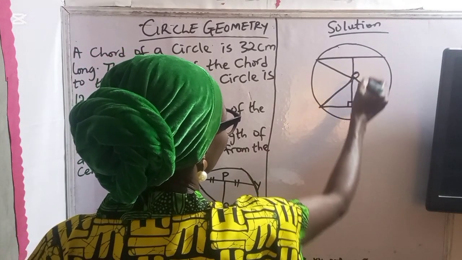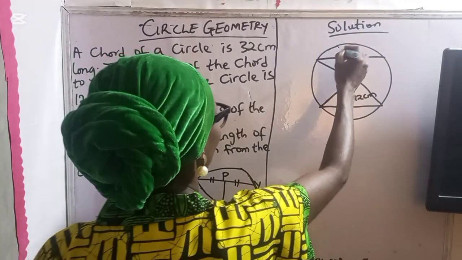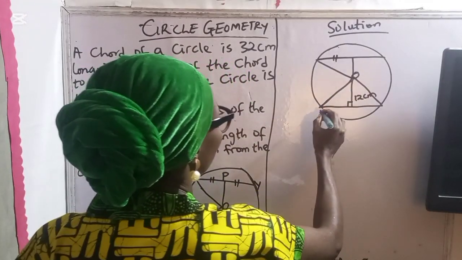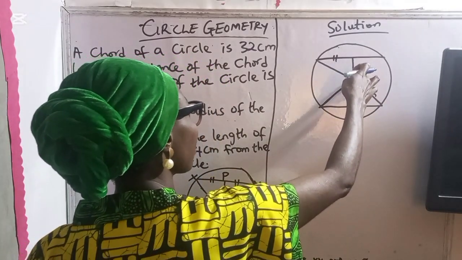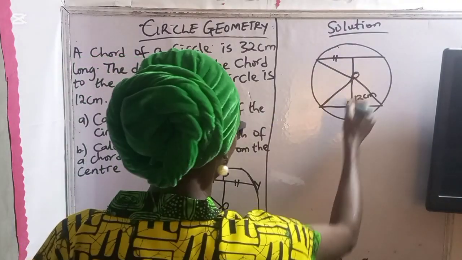This center, 12 centimeters. Here is the distance of the chord. What we are asked to find is the distance from the center to the chord, right?